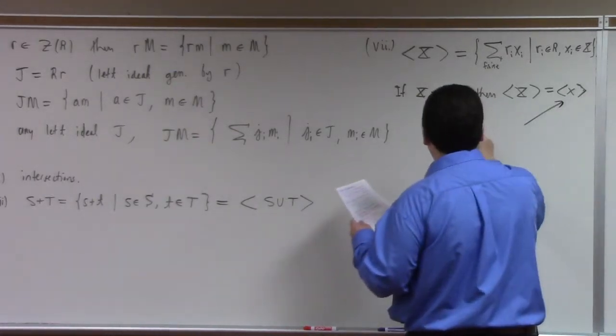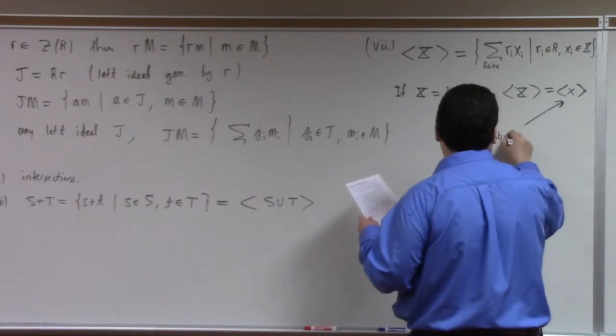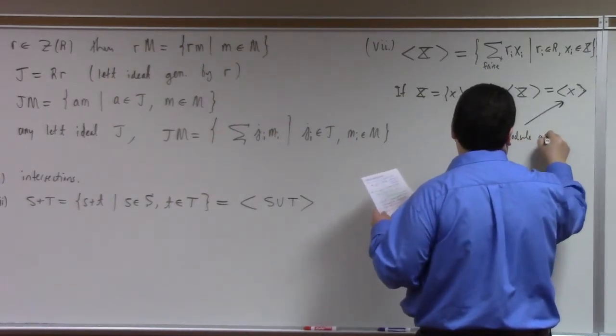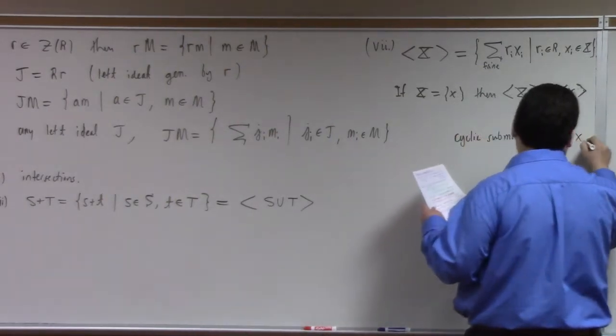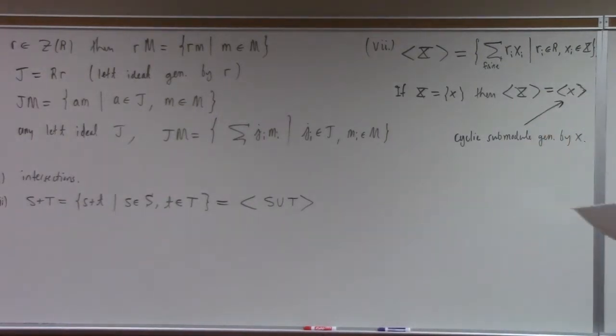This is the cyclic submodule generated by x. All right. So we learned in Math 321 that the dimension of the vector space V is less than infinity if and only if V is finitely generated, translating it back into our dimension language.